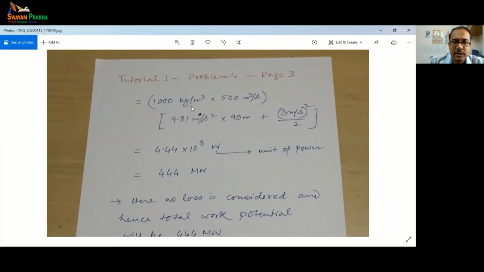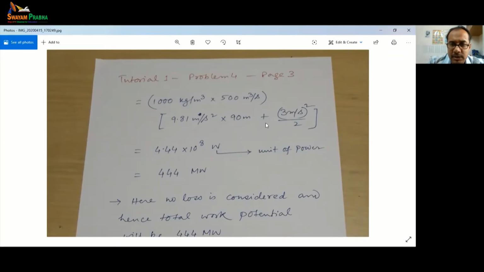This is 1000 kg per meter cube into the volume flow rate, which is 500 meter cube per second. And in the parenthesis we have the g h, that is 9.81 meter per second square, into h, which is 90 meter. That's the height difference between the river surface and the lake surface.